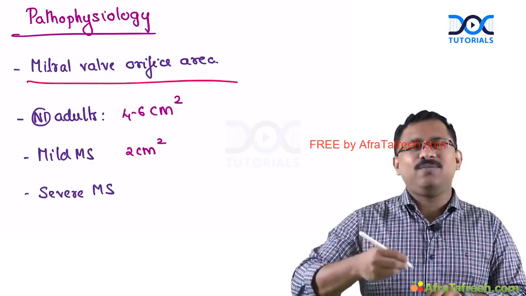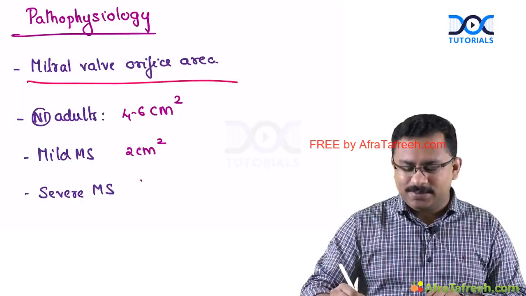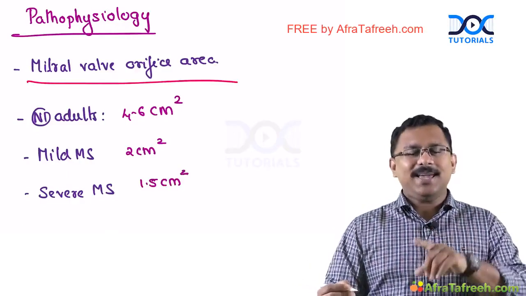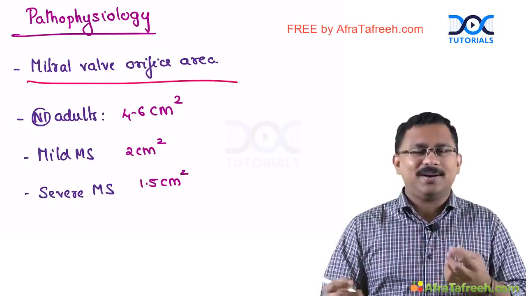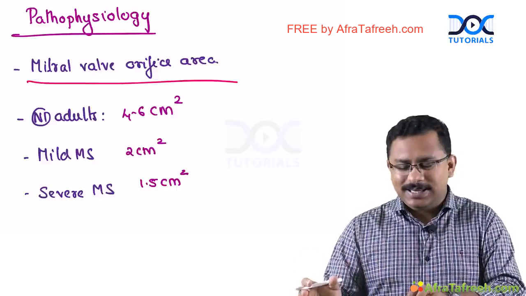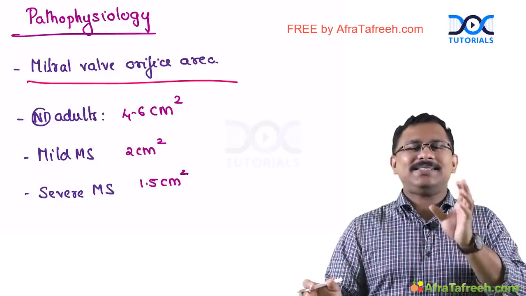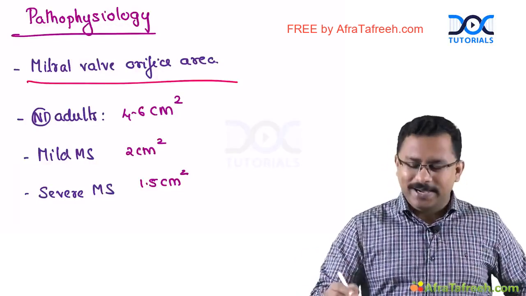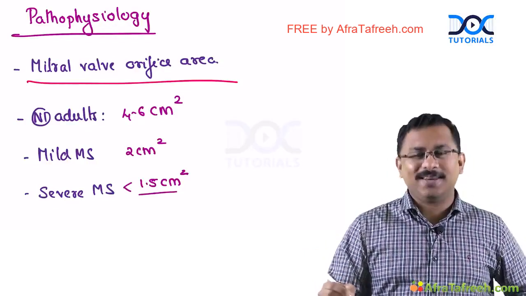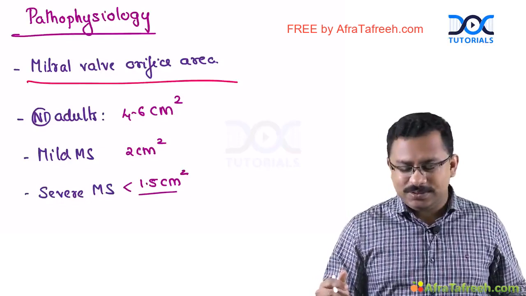Some textbooks give 1 centimeter square, some give 1.5 centimeter square, but I am taking 1.5 centimeter square because the treatment aspects are also related to this. So if it is less than 1.5 centimeter square, you call it severe mitral stenosis.